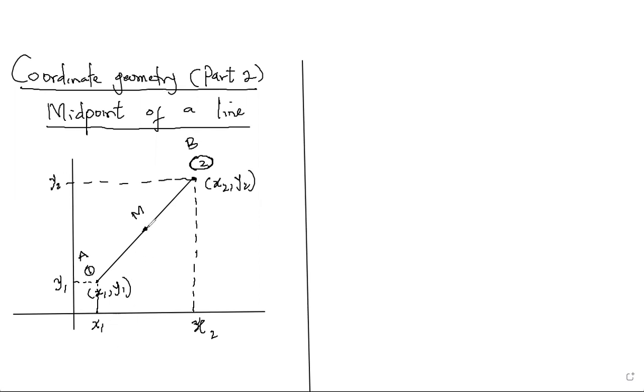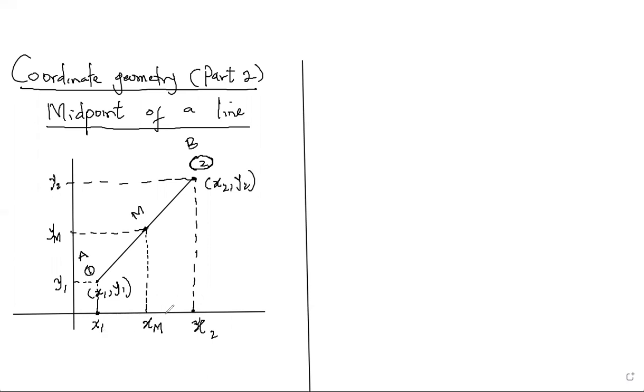Now you can see, if I draw this line, this will be xm, that's the x coordinate of the midpoint, and this will be ym, the y coordinate of the midpoint. So from this point to this point, you agree with me that it's going to be x2 minus x1.